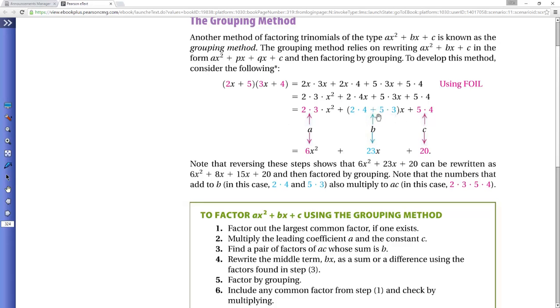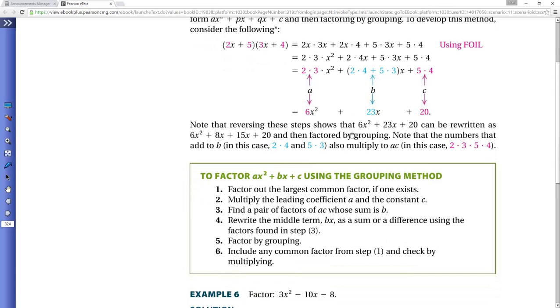Notice that in this case, and they don't show this very well here, here I got 5 times 3x, and here I have 5 times 4. So I could factor that out as 5 times the quantity 3x plus 4. And why that's important is, here's my 3x and here's my 4. Okay? And we'll go through that again.